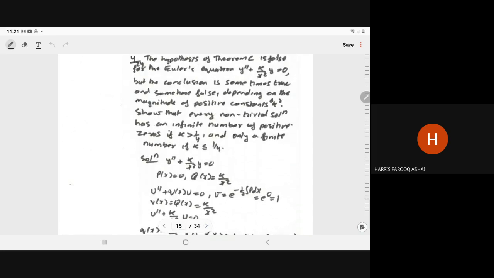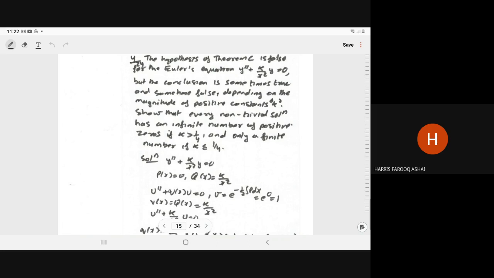Now, this is an important question to understand the concept: the hypothesis of theorem C. What is theorem C? Qx positive, and integral 1 to infinity of qx tends to infinity. These are the two hypotheses. Then the solution has infinitely many zeros. The hypothesis of theorem C is false for Euler's equation y double dash plus k upon x square y is equal to 0.